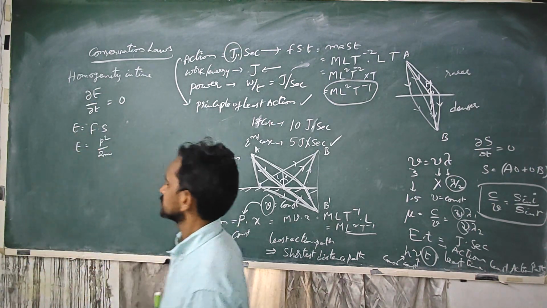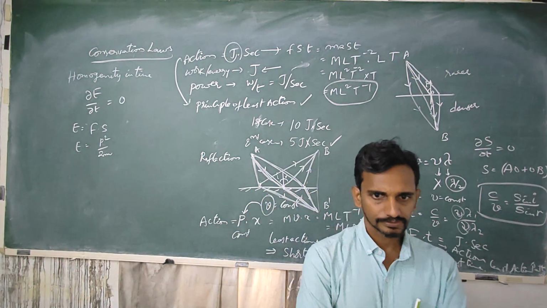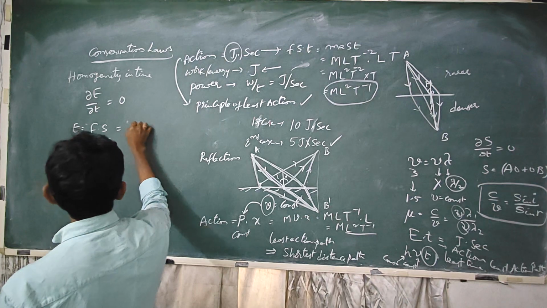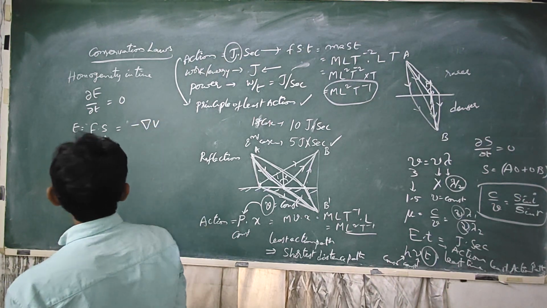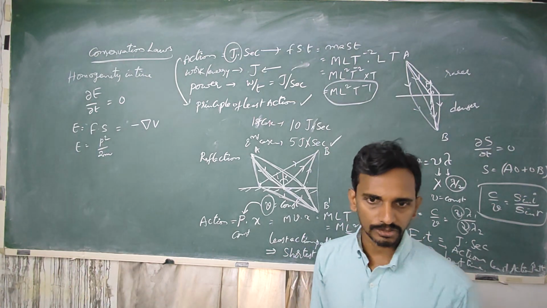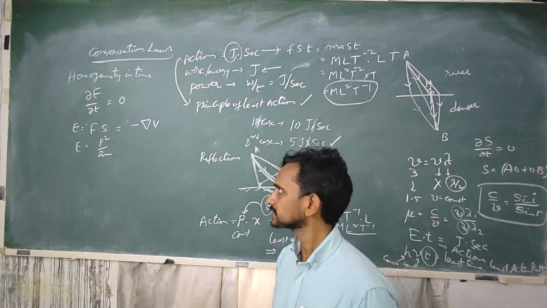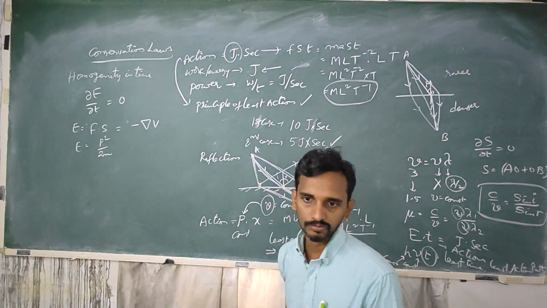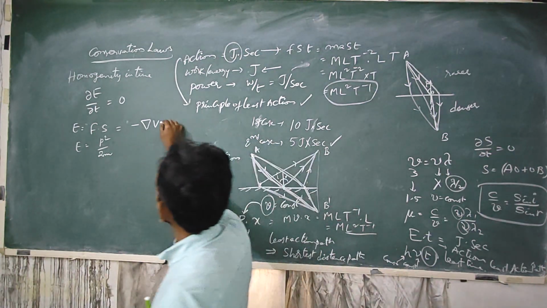If I write this energy as force into displacement, further I can write force as a negative gradient of potential, as we have seen already, if the force is a conservative force. This can be written as negative gradient of potential into displacement.